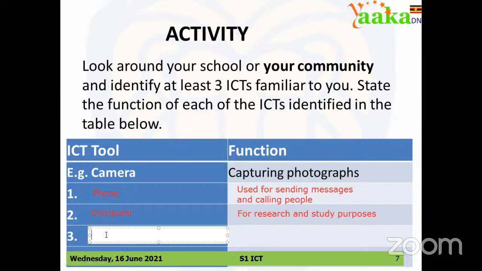I was wondering, if ICT has disadvantages and advantages, how is it still in this world? I'm not getting that word. How is it still?